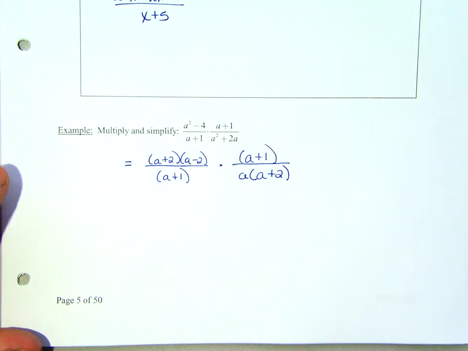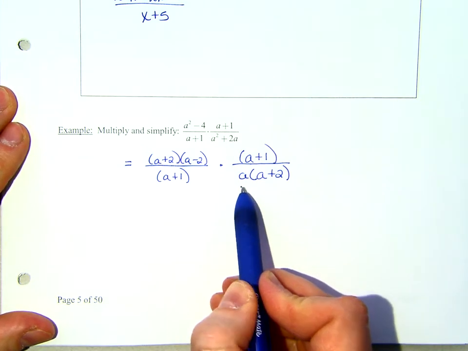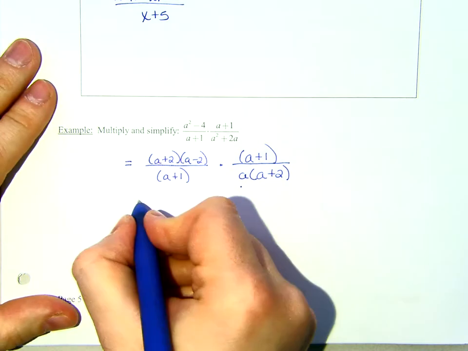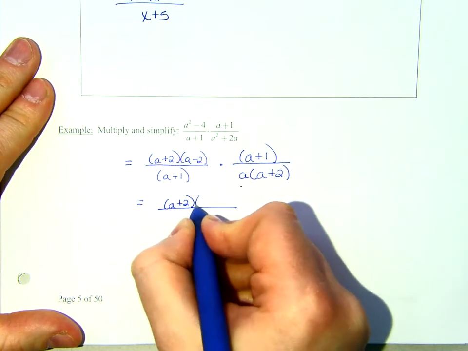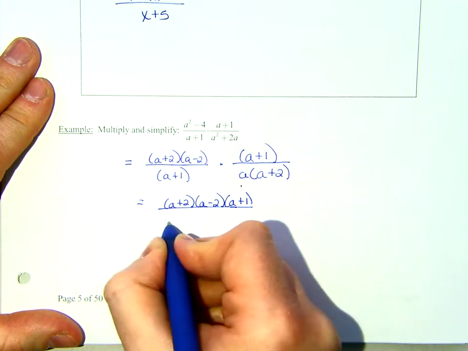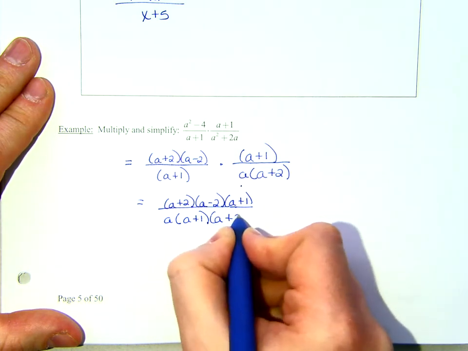I'm going to multiply, and anytime I have just a letter by itself or a number by itself, I usually just move those out to the front. I feel like they kind of get lost if they're in the middle, and it's easy to forget about those. So I'm going to get a plus 2, a minus 2, a plus 1 over a plus 1, a plus 2.